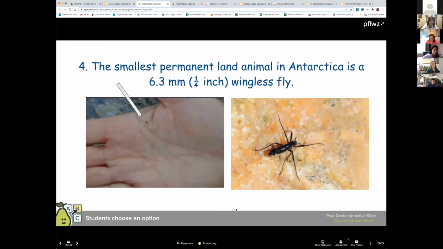Now read this one carefully. The smallest permanent land animal in Antarctica is a 6.3 millimeter or 1/4 inch wingless fly. Put your answer in.